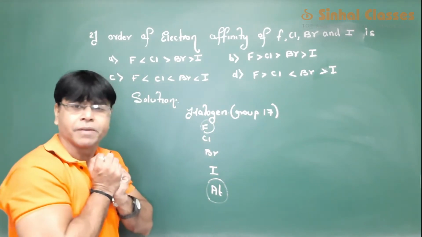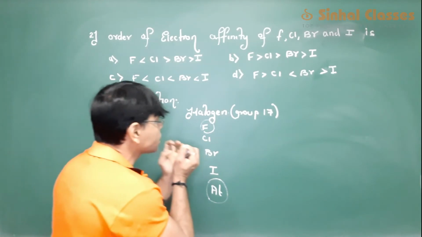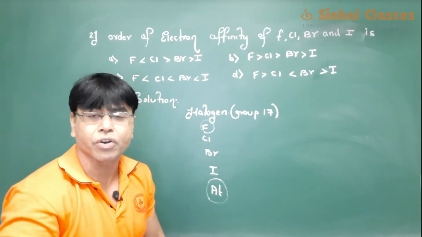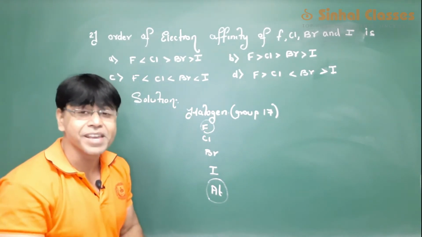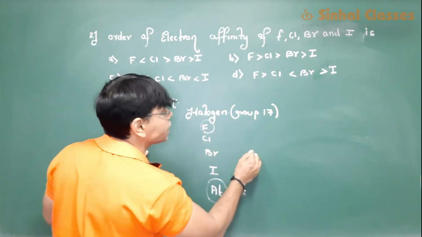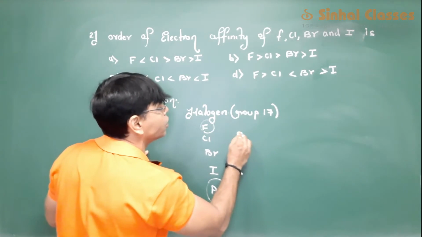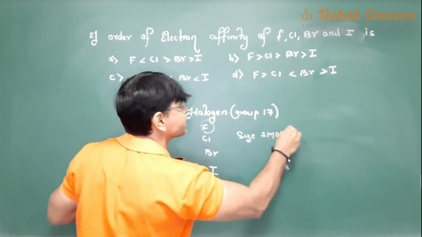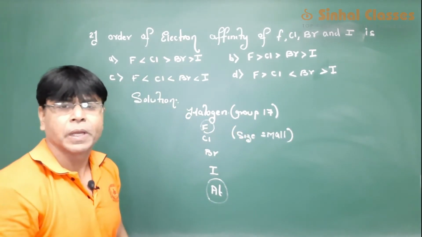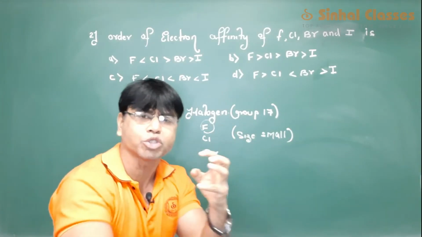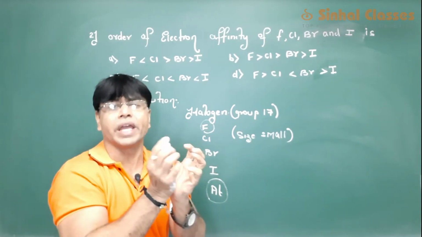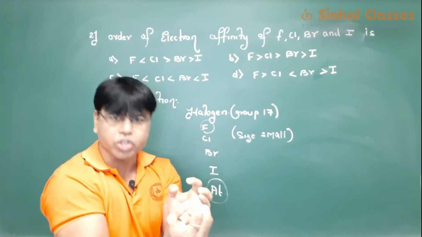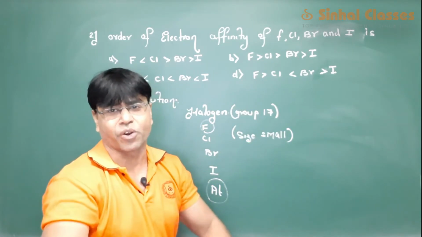But in reality, the most electronegative element is fluorine, but it doesn't accept electron very easily. Reason? Fluorine size is very small. Since the size is small, the density of electrons in the outermost shell is very high, crowded. So when a new electron tries to approach, it repels that electron.